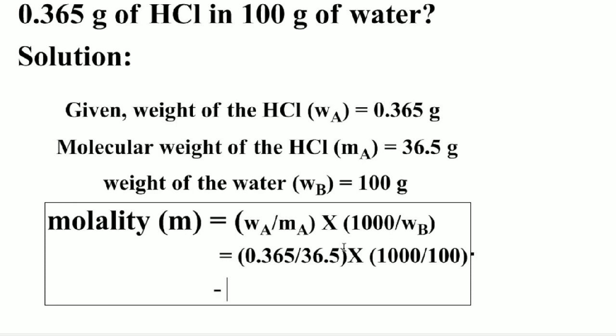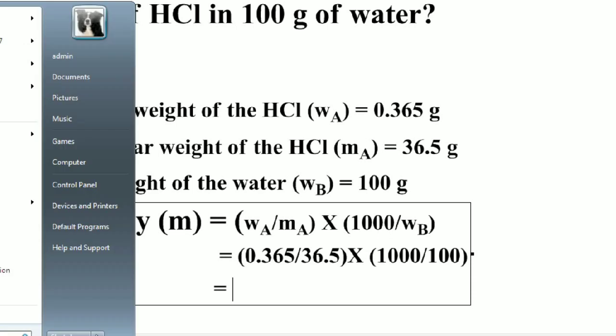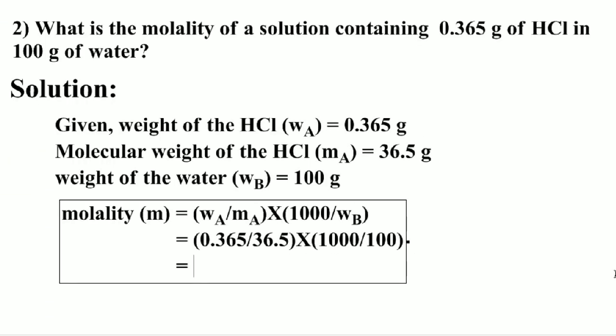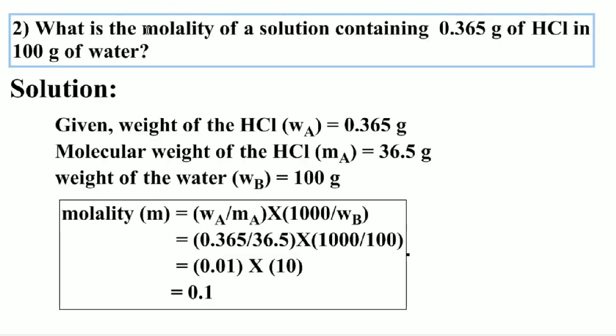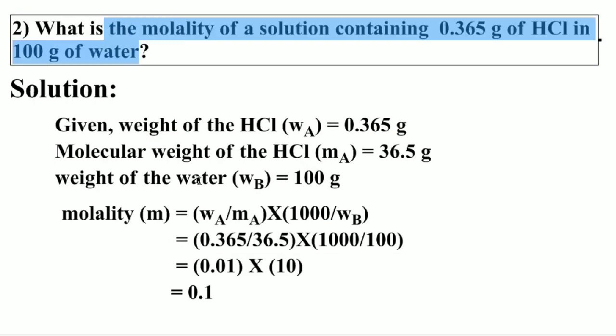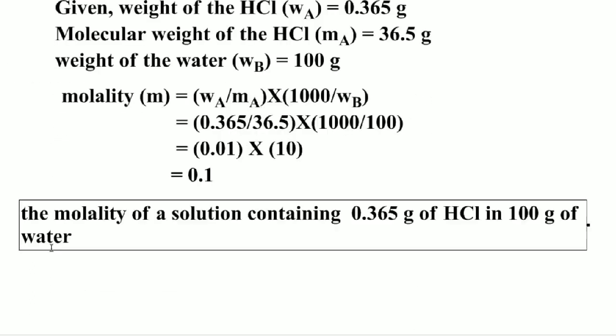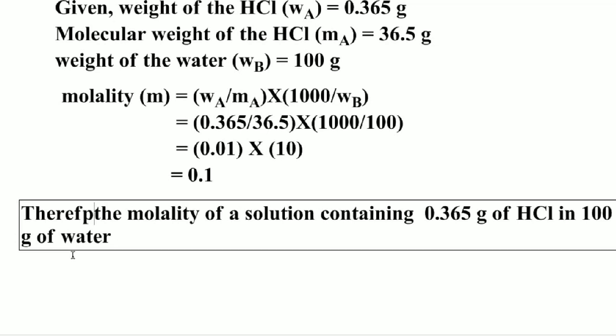Students, we can calculate this one. 0.365 divided by 36.5 means 0.01. 0.01 into 1000 by 100, which is 10, gives 0.1.